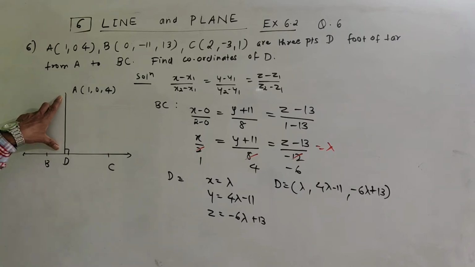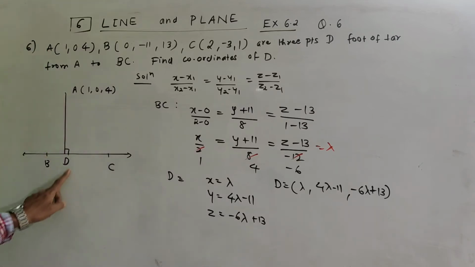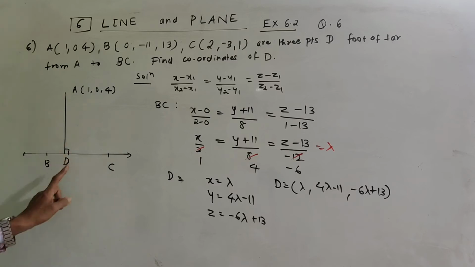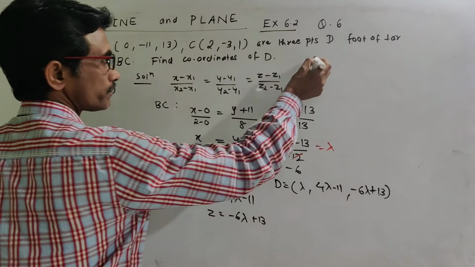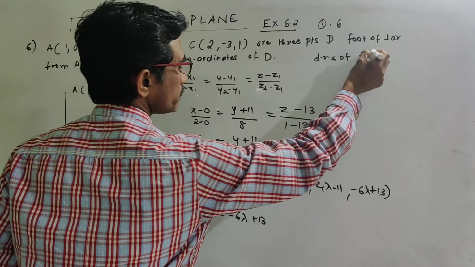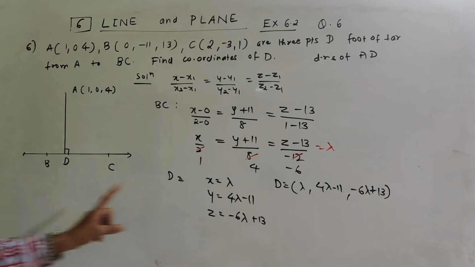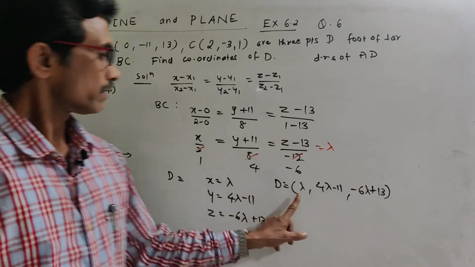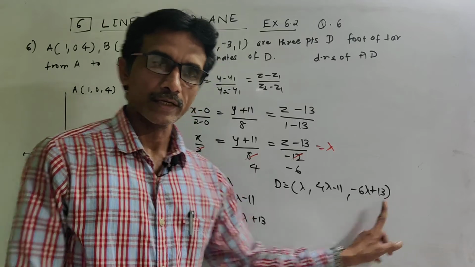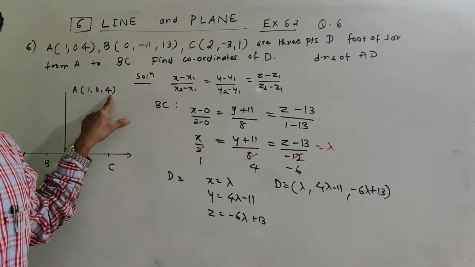Now we will find the direction ratios of AD: x2 minus x1, y2 minus y1, z2 minus z1. Here the coordinates of D are lambda, 4 lambda minus 11, minus 6 lambda plus 13, and the coordinates of A are 1, 0, 4.